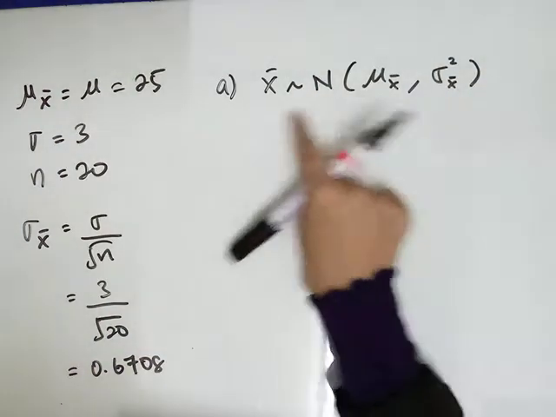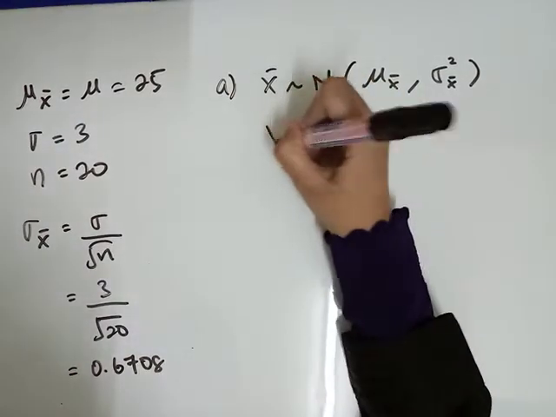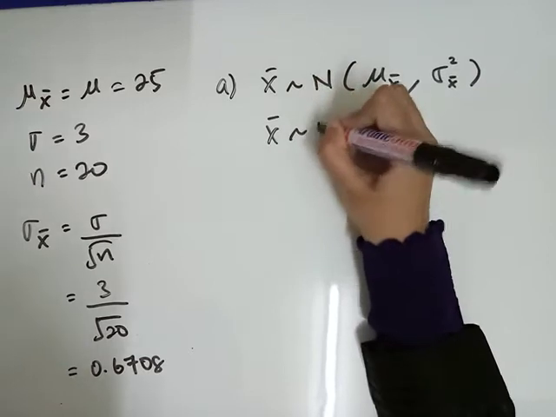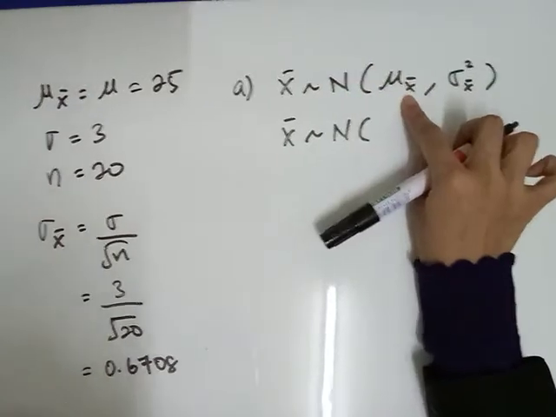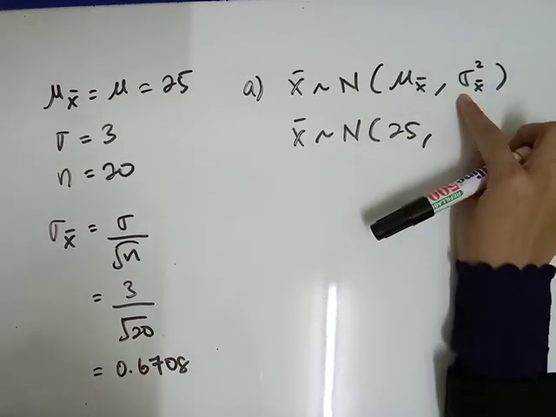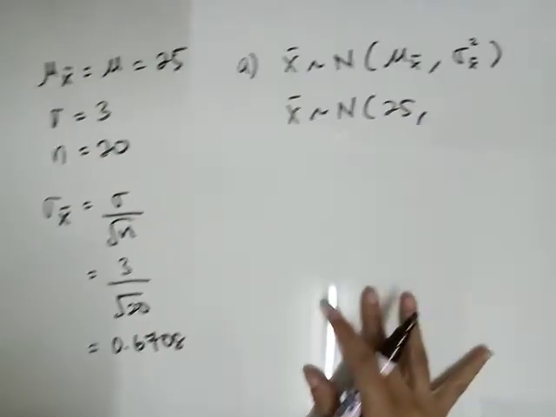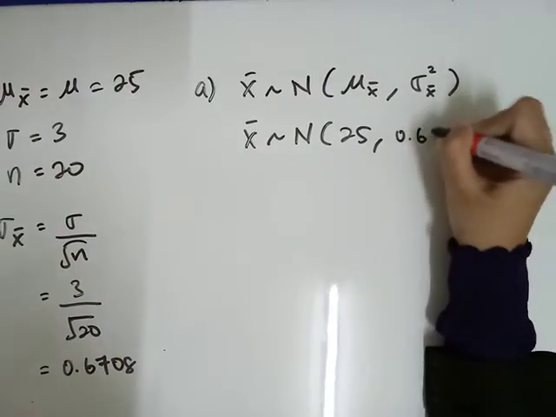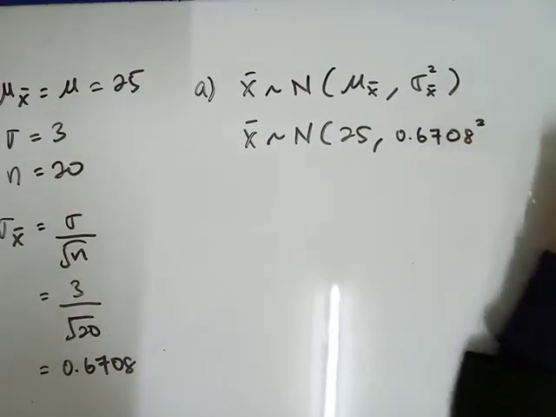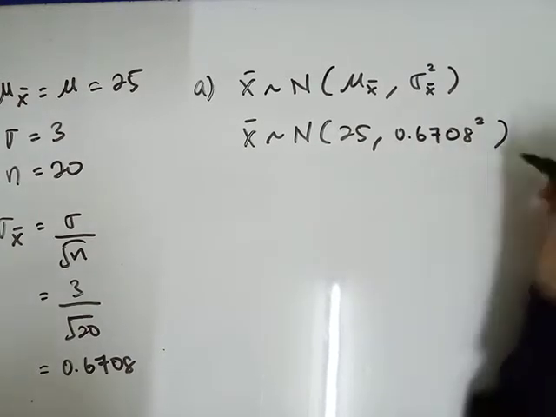You have to state like this. That means substitute the value. Sample mean having normal with mean of the sample mean, which is 25, and then variance of the sample mean. We know that standard deviation is 0.6708. Therefore, 0.6708 squared. No need to solve. Biarkan jawapan macam ni saja. So this is the answer for A.